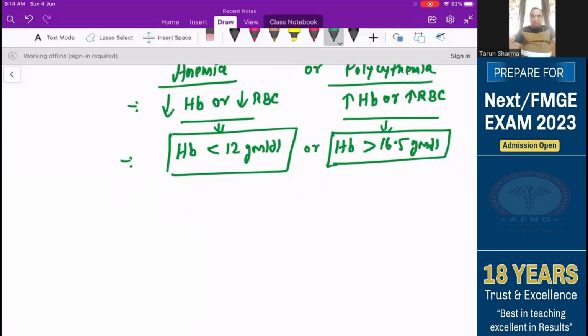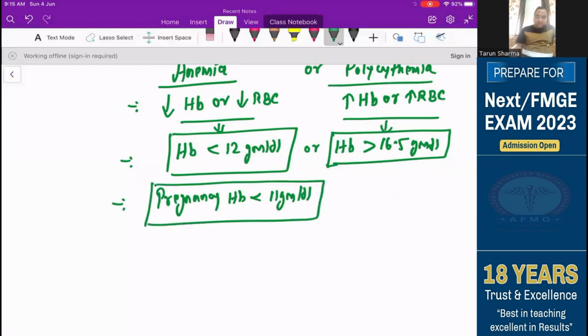So now you know the definition of anemia and the criteria for anemia. One more thing about the criteria is when a situation like pregnancy is given to you. In pregnancy, what should be the hemoglobin concentration to call it anemia? In pregnancy, hemoglobin should be less than 11 gram per deciliter to call it anemia.